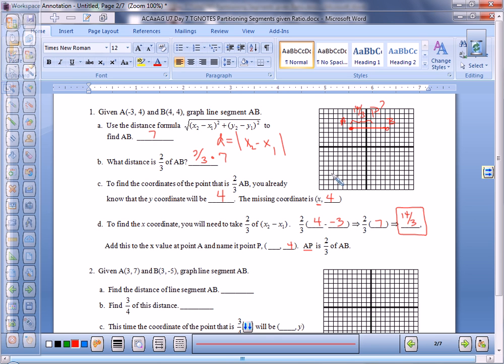You plug it in as a distance. Okay, so basically shift 14/3 in this direction. Translate it.